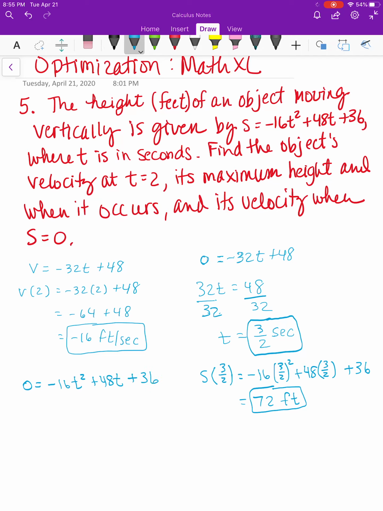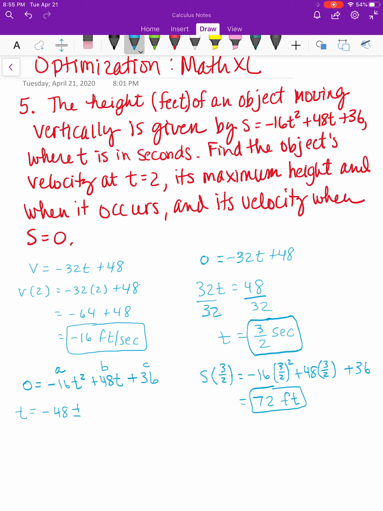The third question is, find the velocity when s equals 0. So we are going to set s equal to 0. I know you could probably divide by 2, and this may be divisible by something. Actually, it's not going to be, because I just glanced at my answer.